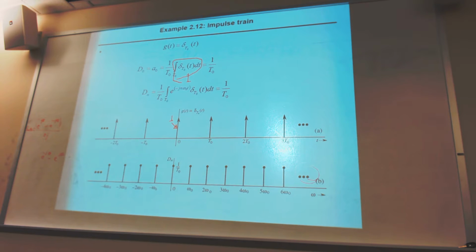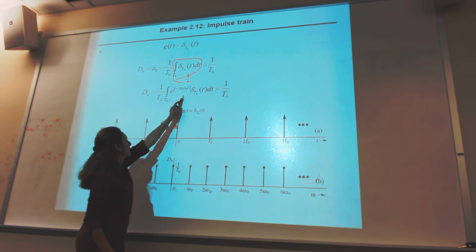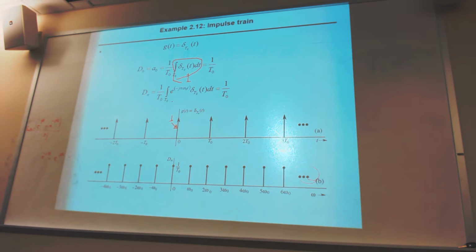And Dn is again 1 over T naught times the integral of the signal times the exponential term. The delta is multiplied by some function. What should I do? I have to evaluate this at what value? t equal to 0. Okay, good.